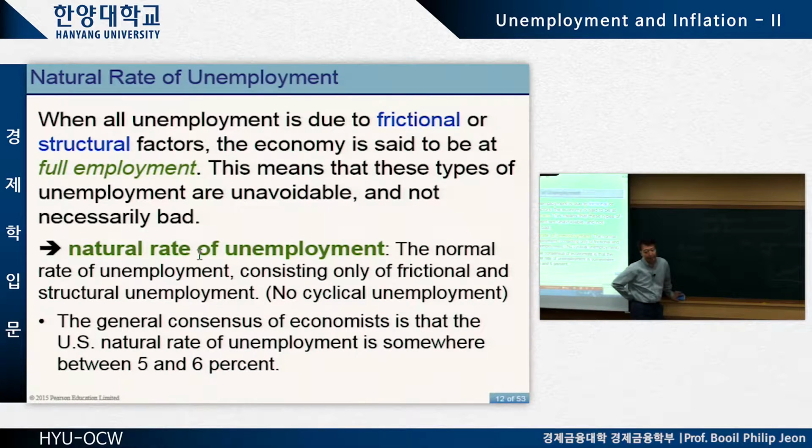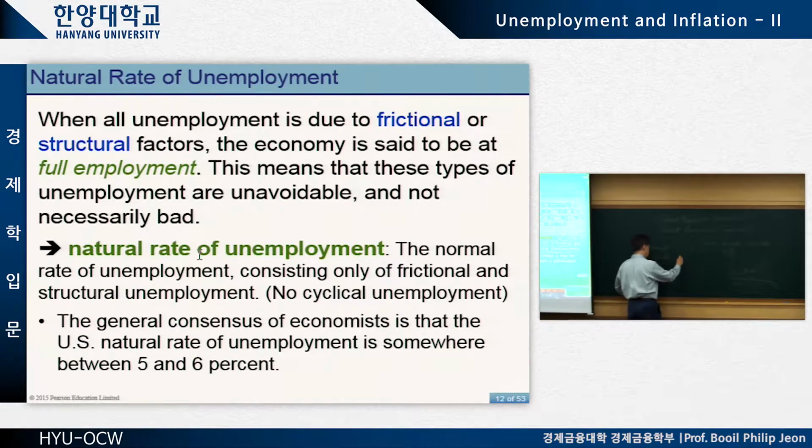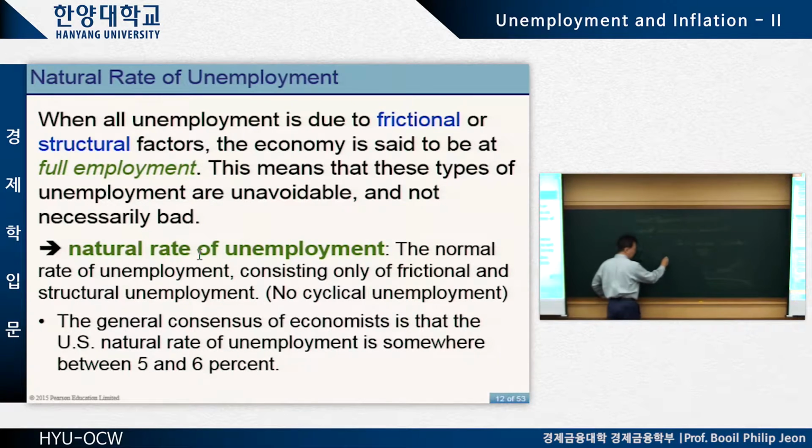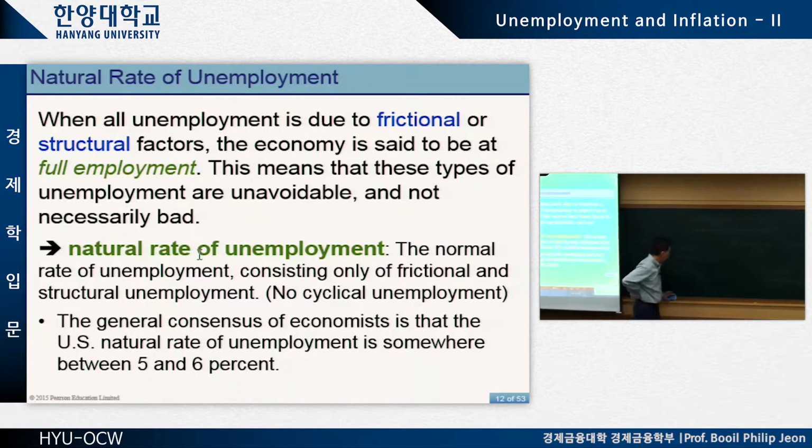And in normal times, they think anywhere between 2 to 3% structural unemployment. These are just estimates, so they are not really accurate, and they change over time.